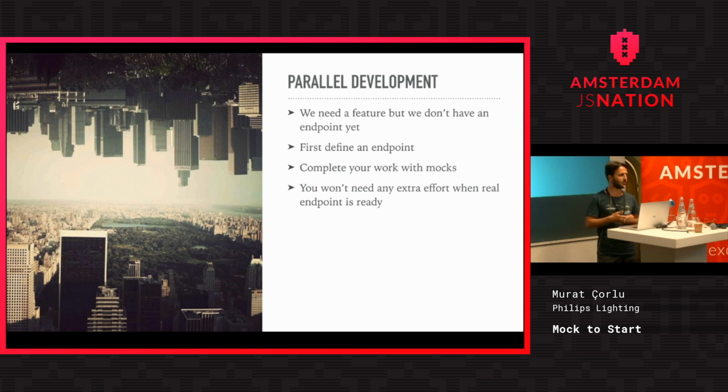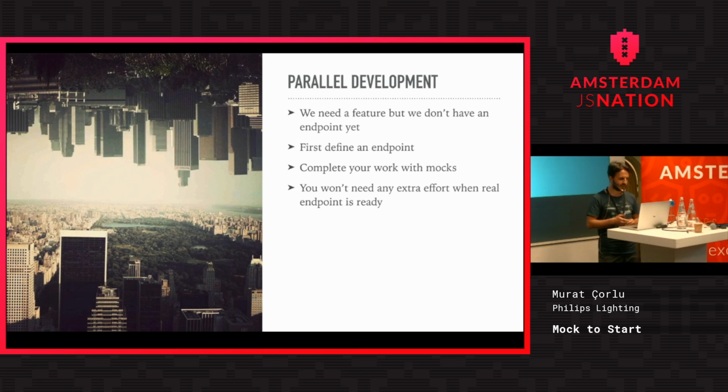Generally, we prefer to wait, but lots of people prefer to wait to have that endpoint in your backend API, then implement the front end, then make an integration. But this is not agile. With the mocking approach, you will start your work by defining your mocks and start the implementation immediately without waiting for the real API.